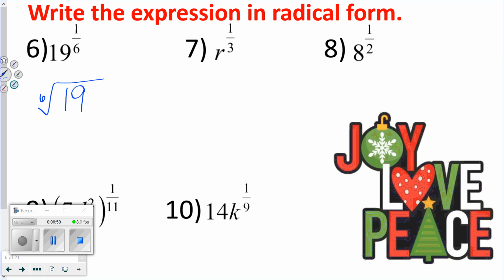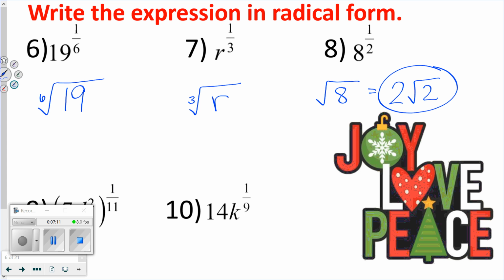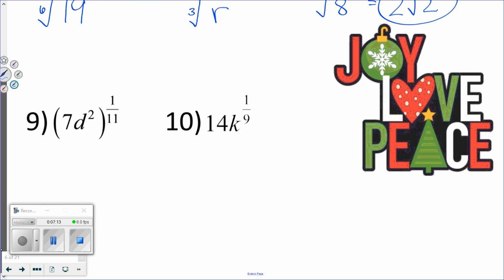Number 7, Savannah. Good, cubed root of r. Number 8, Carrie. Which is? 2 radical 2. I know you're like, dang it, I forgot to simplify. Number 9, Ruben.